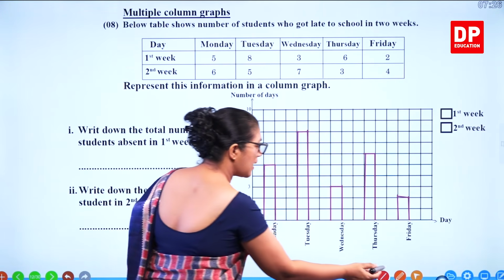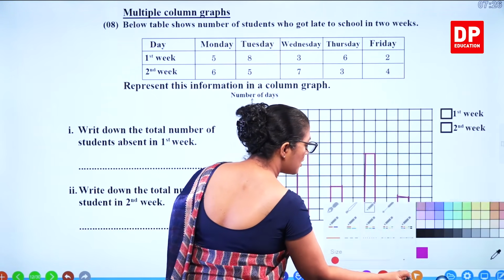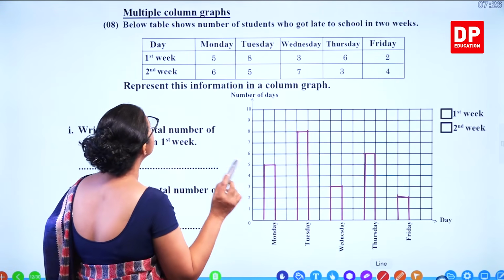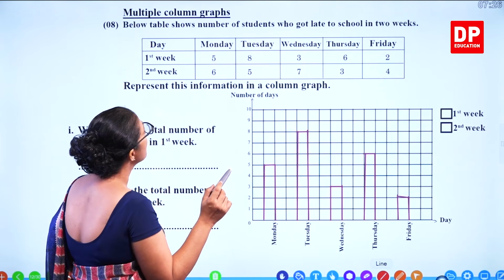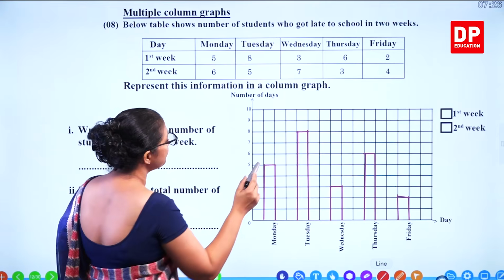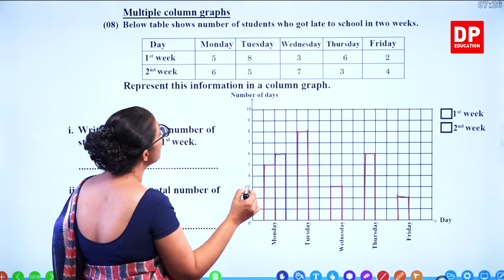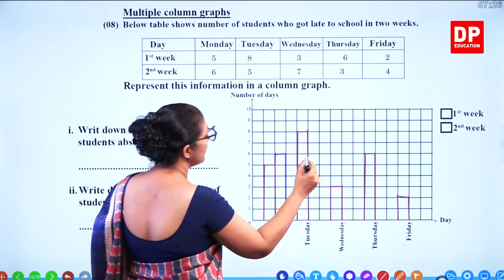Now we'll take another color to represent the second week's values. Monday 6. Tuesday 5.